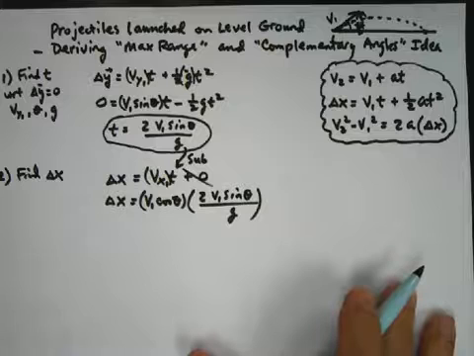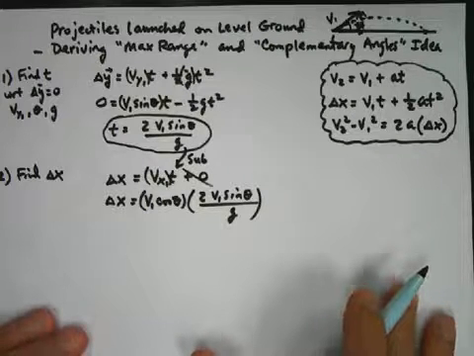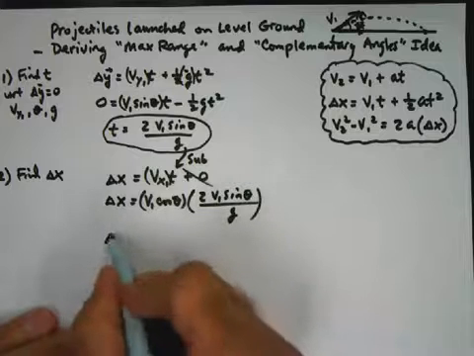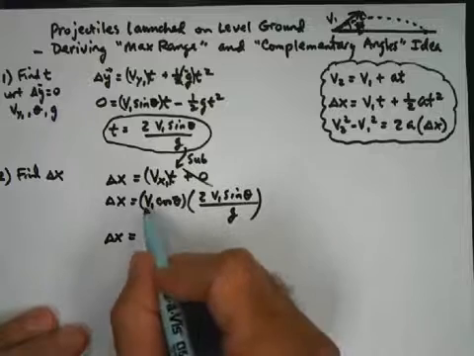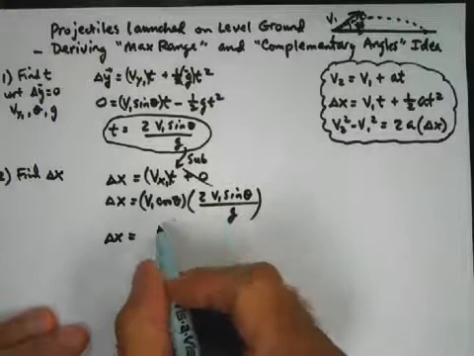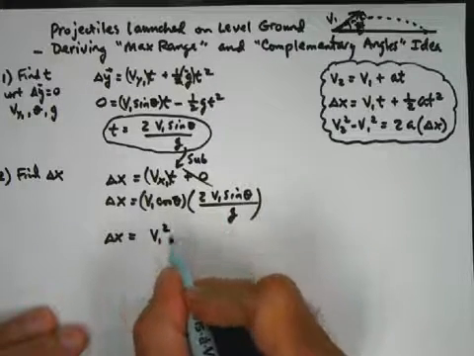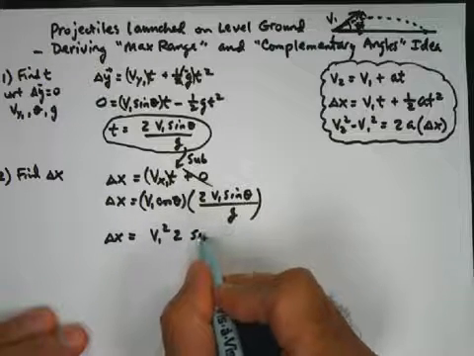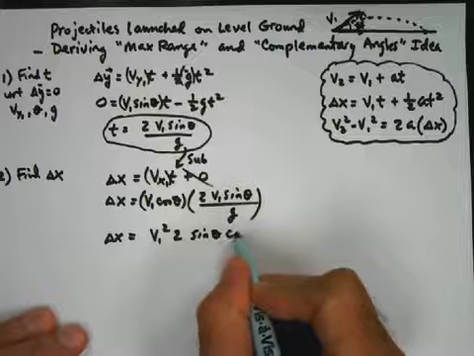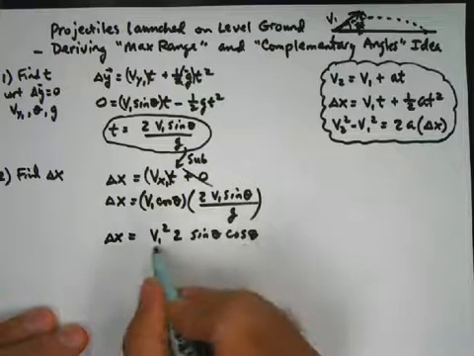Okay, now we can simplify this a little bit. So delta x would be equal to V1 times V1, which is V1 squared, times 2 sine theta cosine theta over g.